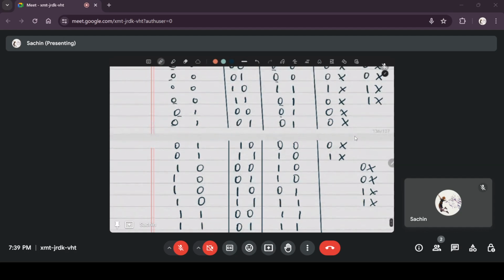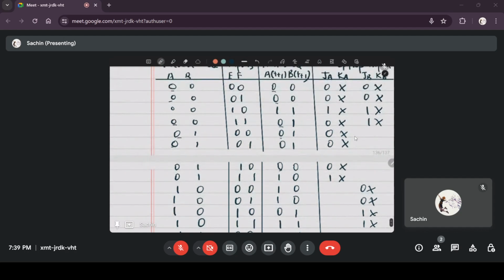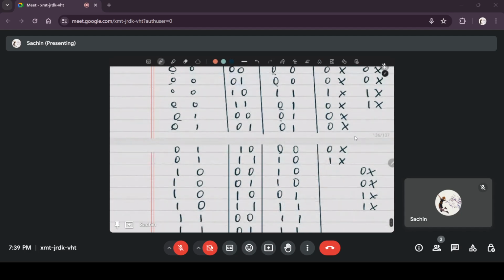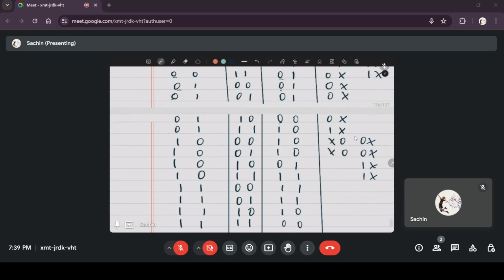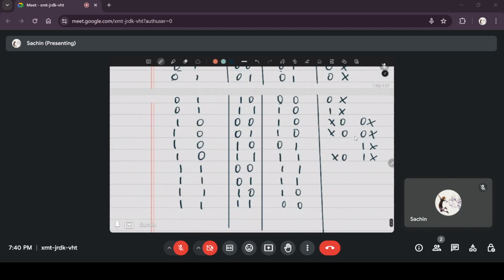And if it goes from 1 to 1, you can give either 1 0 or 0 0. So it's x0, x0, x0, x0, x0, x0, x0.